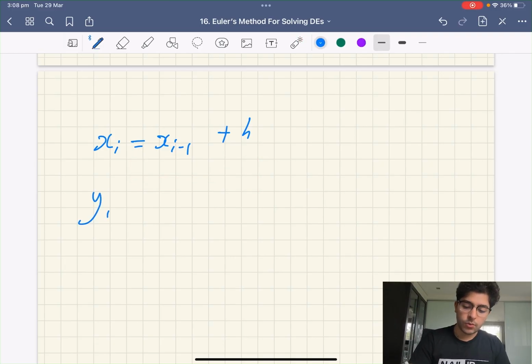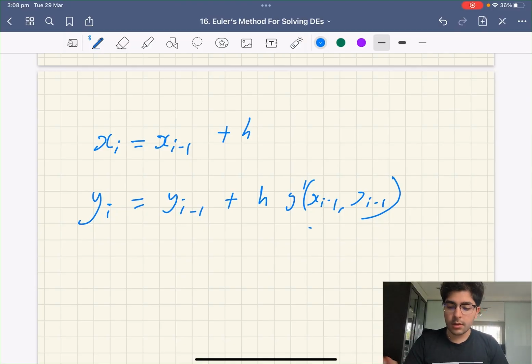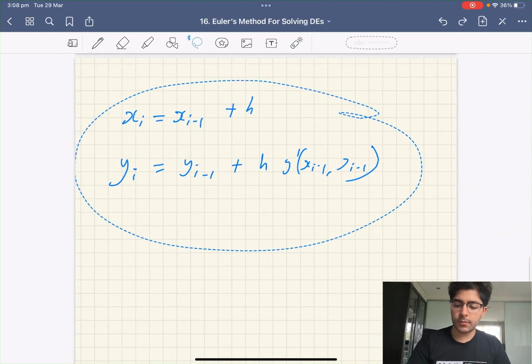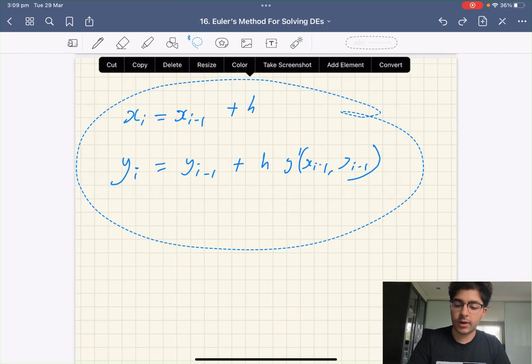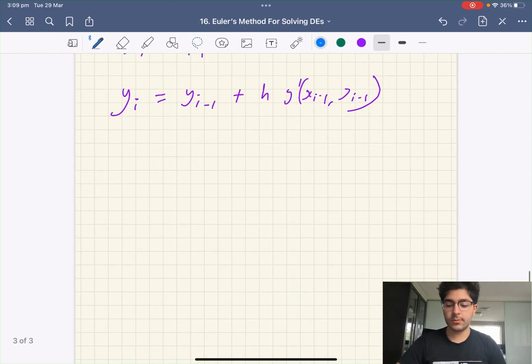Meanwhile, the y-coordinate will be the previous y-coordinate plus h times the differential equation of the previous point. So with all this in mind, this is all you really need to know. And I know that this still might not make complete sense right now, and that is why we're going to go through a question that hopefully should put this into a bit more context.